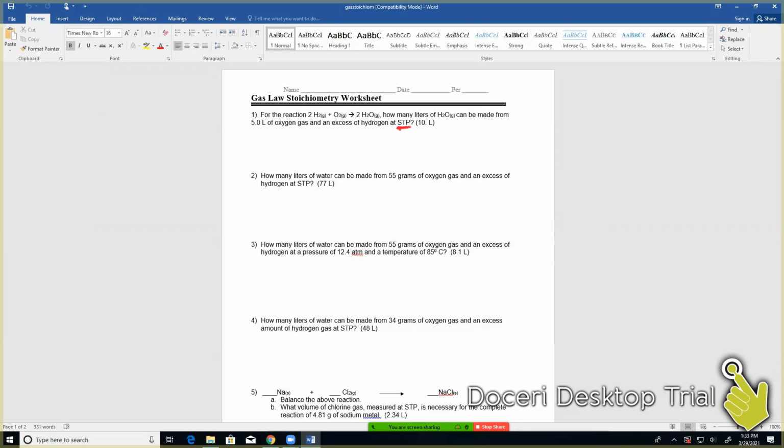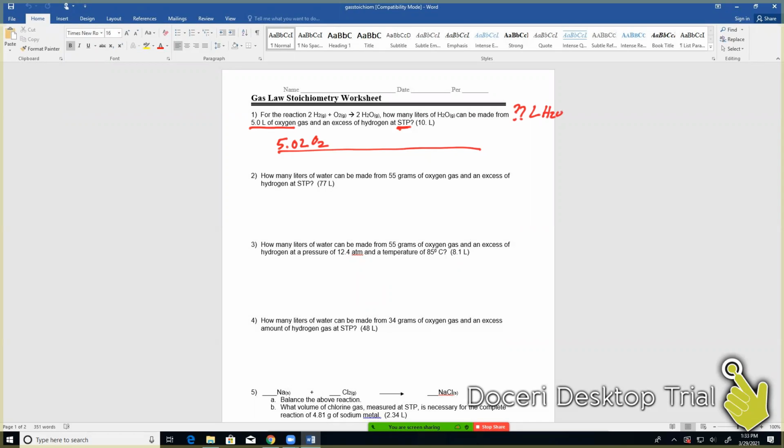Since we're at STP, we will be able to use that 22.4 liters. So now I can use this as a given, because I have a way to get out of liters. So my given is liters of oxygen, and I want to find out how many liters of H2O.